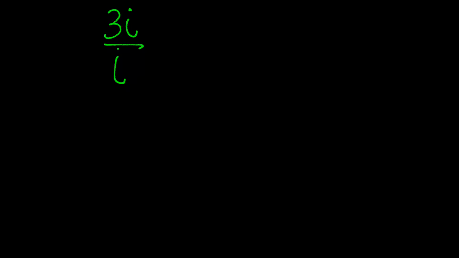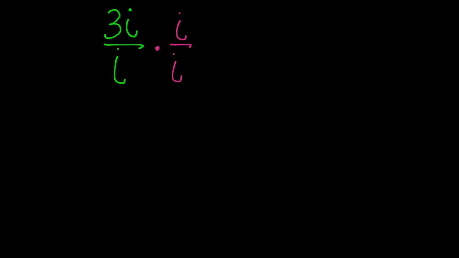What we need to do is, if we have top and bottom with i's, or more specifically, if our denominator has an i term in it, we need to change that. We cannot divide by just an i term. So what we're going to do is multiply top and bottom by i over i. I can do this because anything over itself is technically equal to 1.